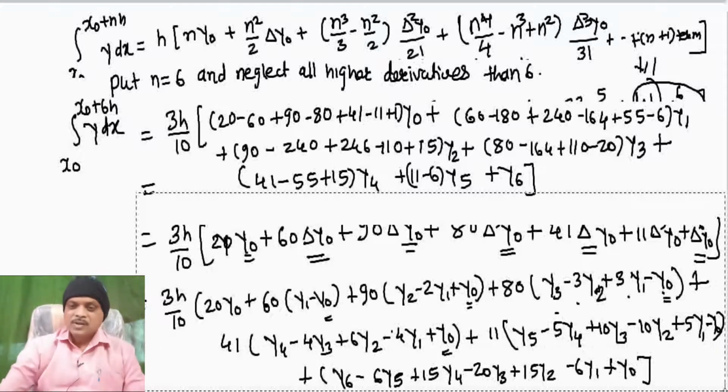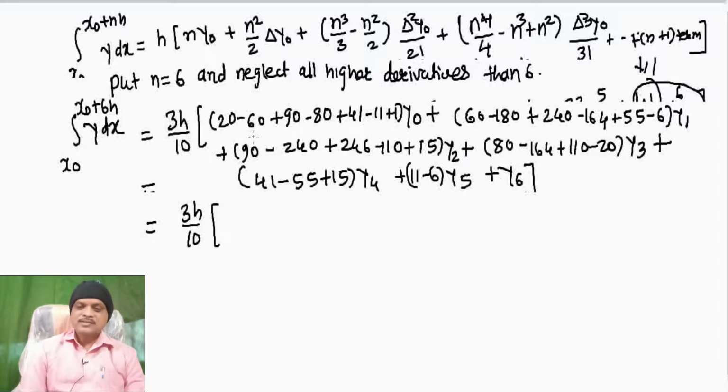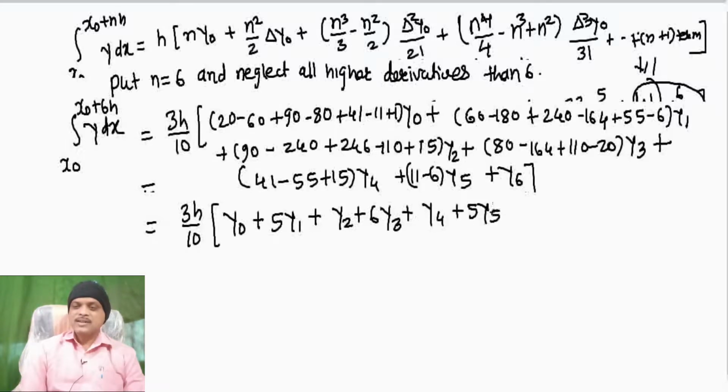Okay. Then if we calculate all these values, 3h divided by 10 into this, simply we get y0 plus 5 into y1 plus y2 plus 6 into y3 plus y4 plus 5 into y5 plus y6.